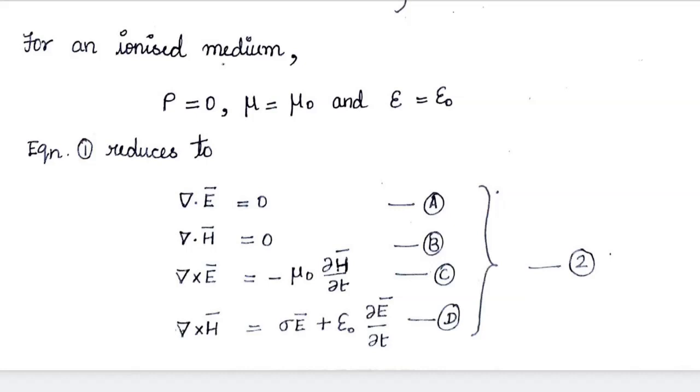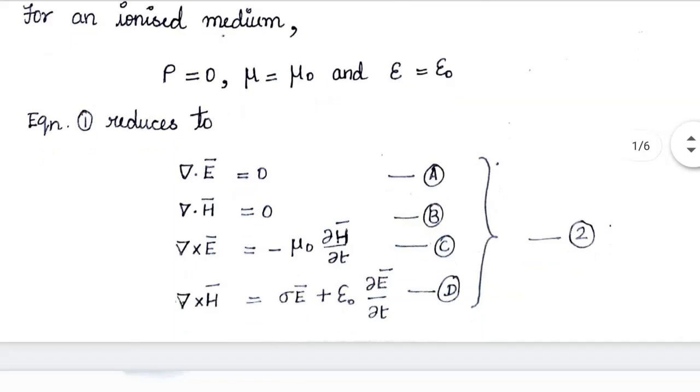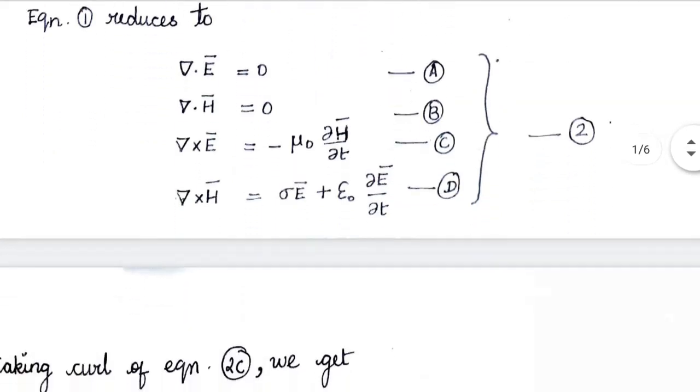And del cross H vector is equal to sigma E vector plus epsilon naught dou E vector by dou t.